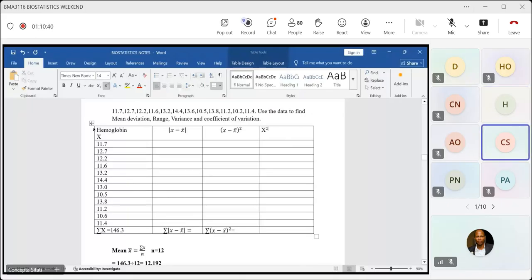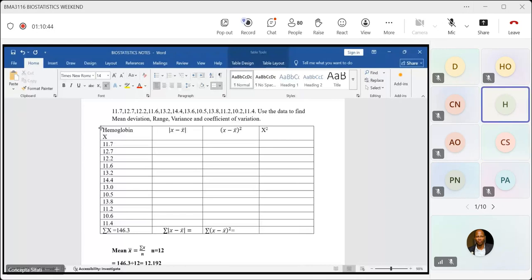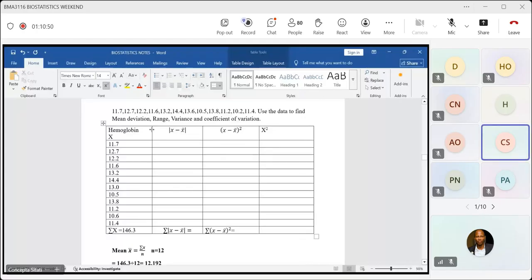Work out all of them, we shall bring them together. We want everyone to work out, and Nyongesa, Margaret or Hussein, one of them will give us the values.